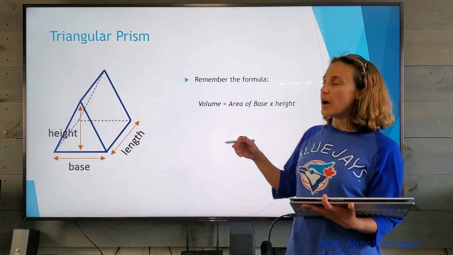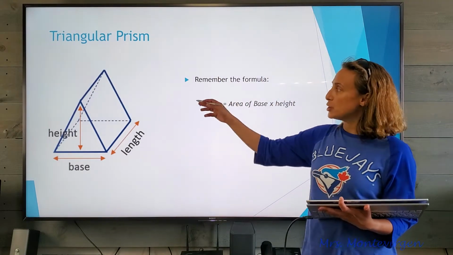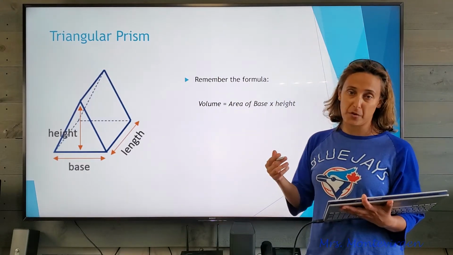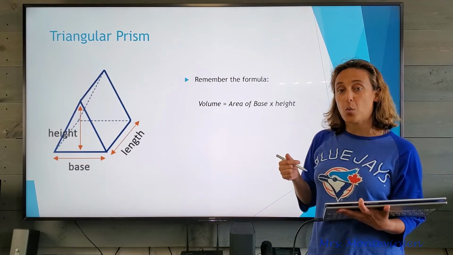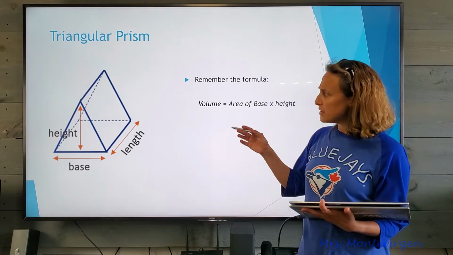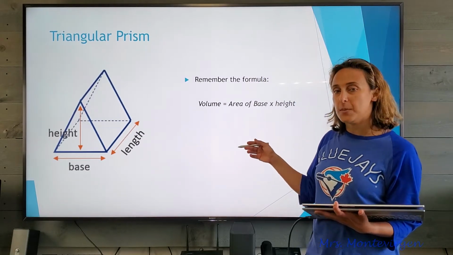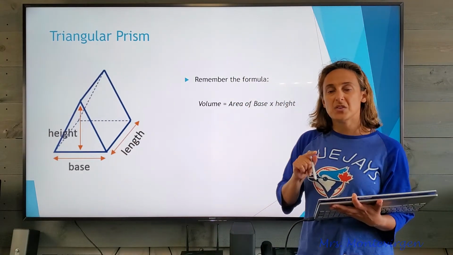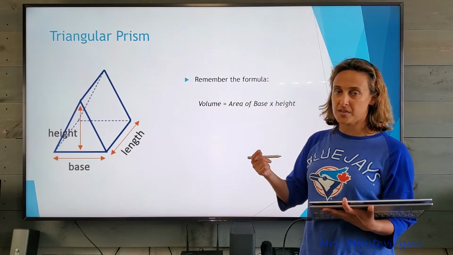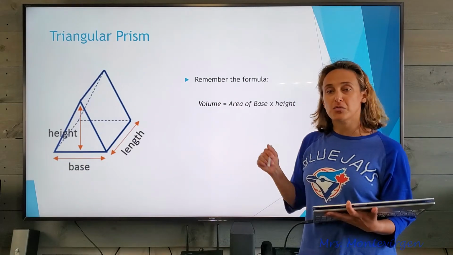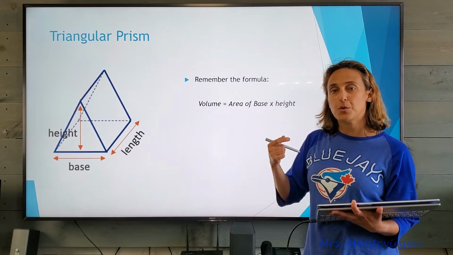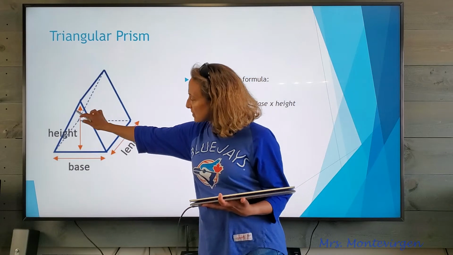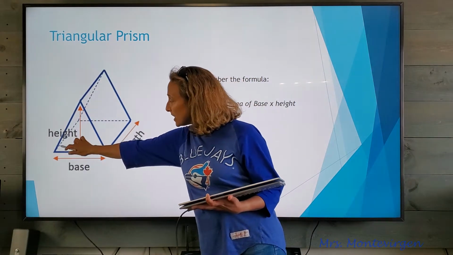Here's the key, and this is where it's a little bit different. When you go to other prisms, such as a triangular prism or a trapezoidal prism, you need to figure out what the base is. This is a little bit more complicated on these shapes because the base is not always going to be the side that it's resting on. The base is going to be the shape of the prism. So in this case, because it's a triangular prism, the base is going to be the triangle, which is the part that I have over here.